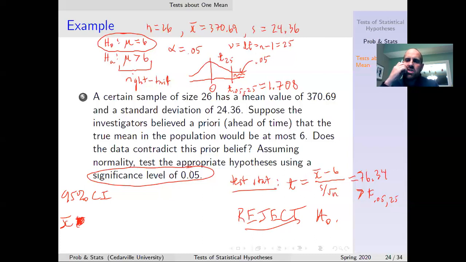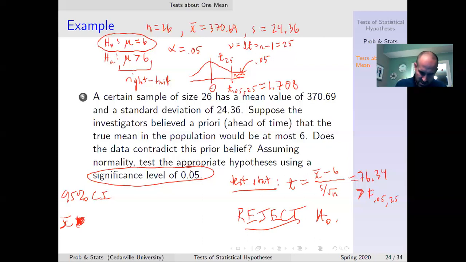And when am I going to reject? Well, I'm going to tend to reject this thing if I get too big, yes? Okay.